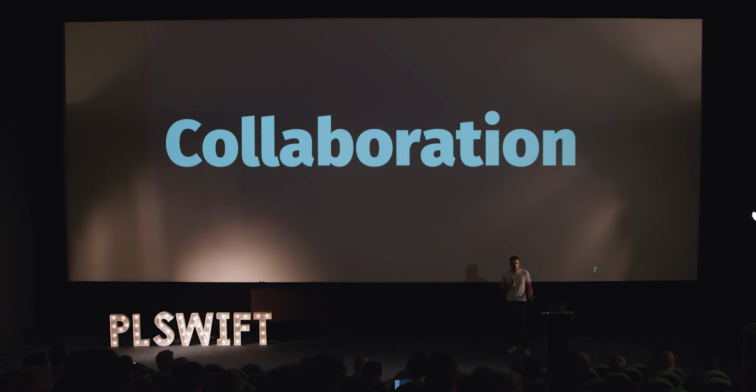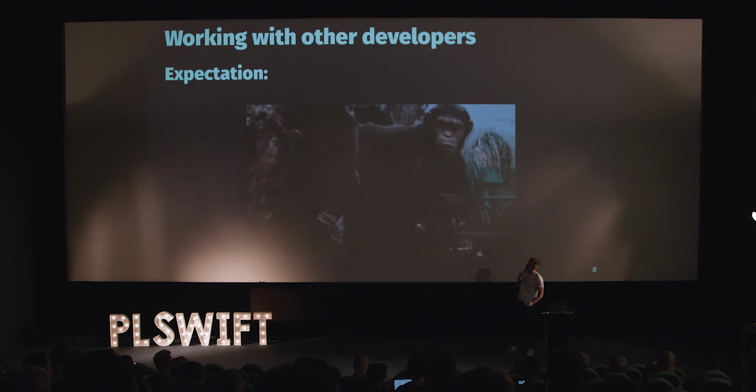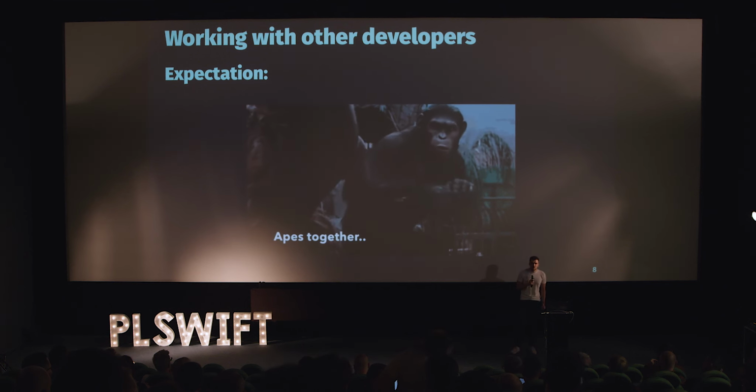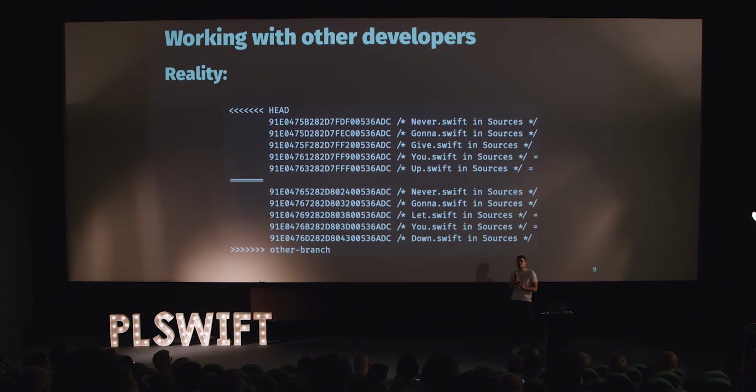Most of us do not work alone. We do that so the progress is faster, so we can churn out features simultaneously. And we expect that collaborating will make us faster and stronger. But often it ends up with this, with merge conflicts in our projects, which might slow us down.